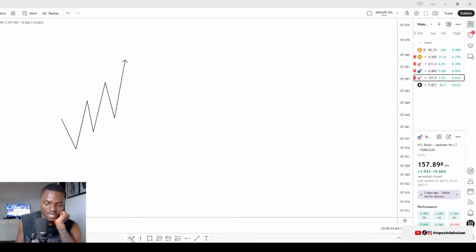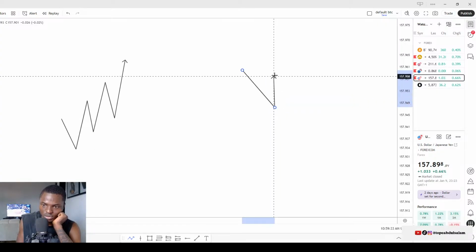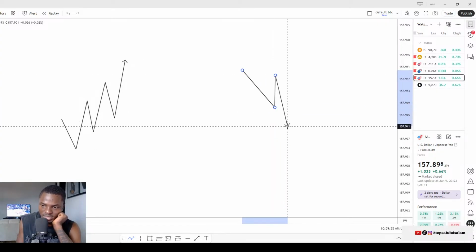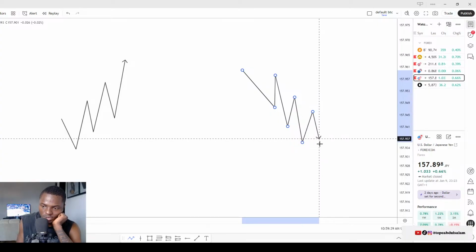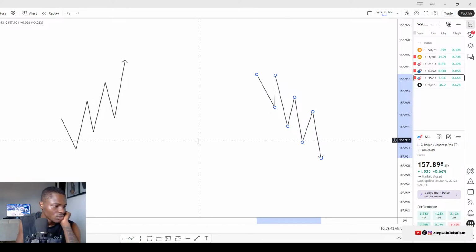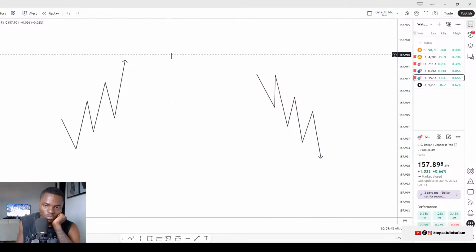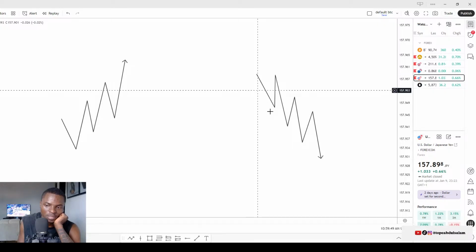And we have a downtrend also, which means the market is going down. So it's going to be going down. This is up, this is down, and it moves in a zigzag way.